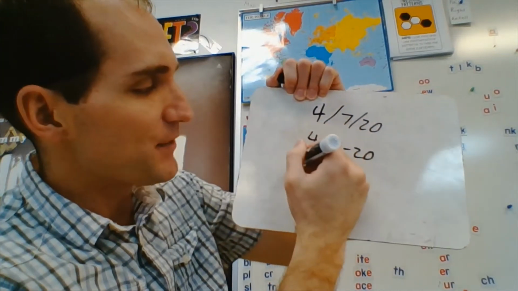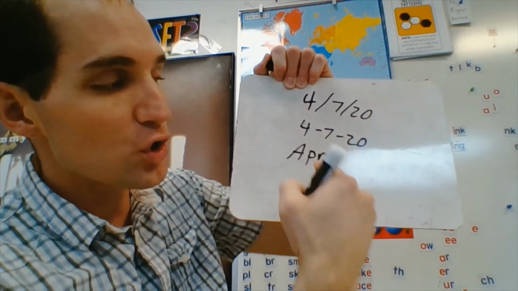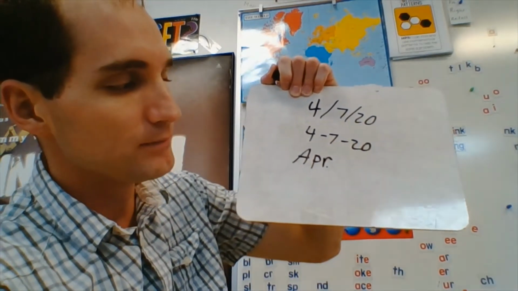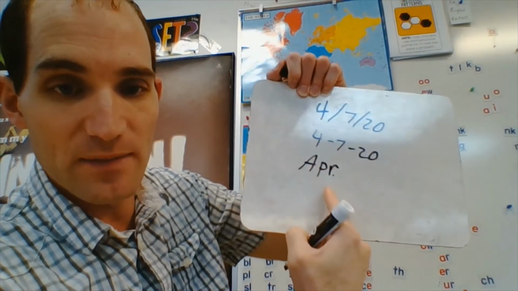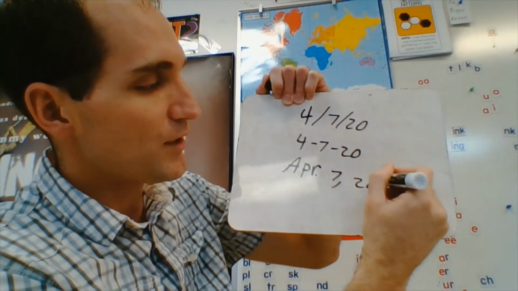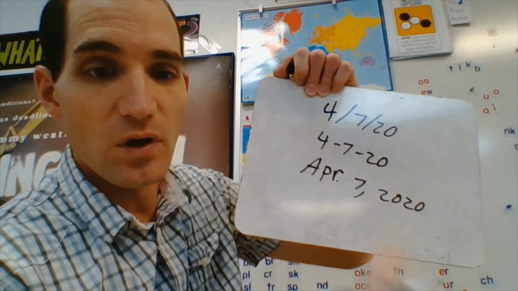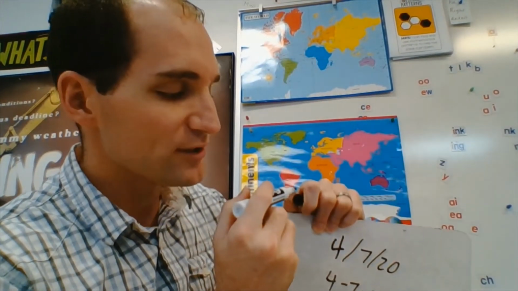You can do the same thing writing out the month or shortening it, APR for April, and put a period to tell them that you shortened it on purpose. 7th, 2020, like that. Okay, so those are some ways you can write the date.